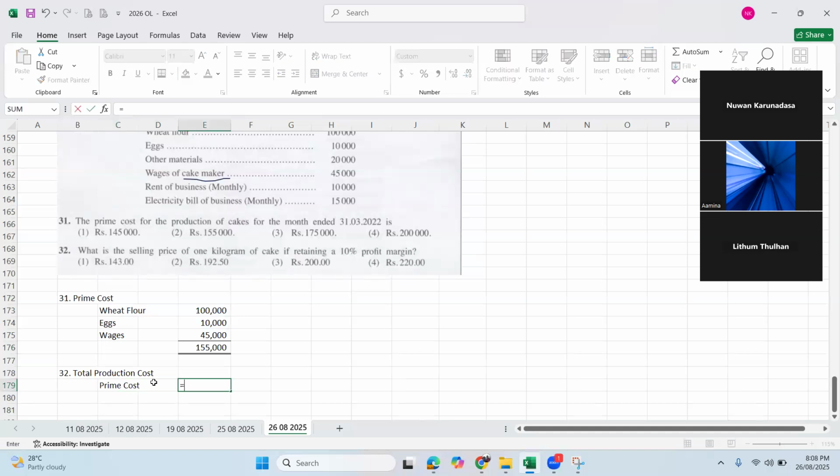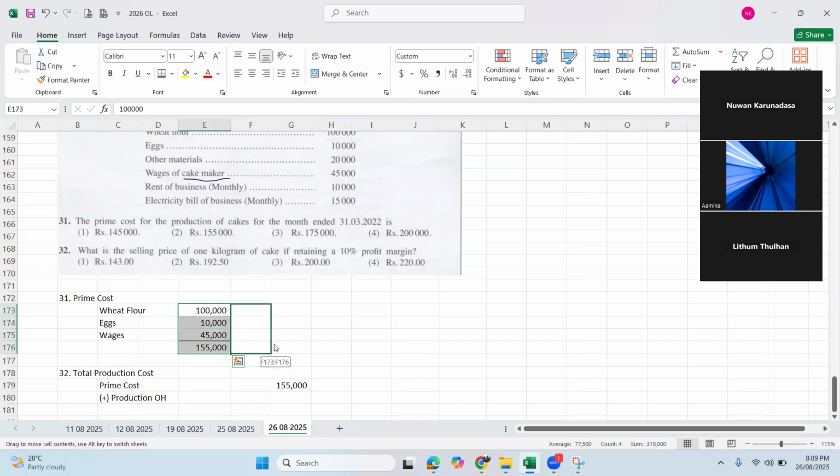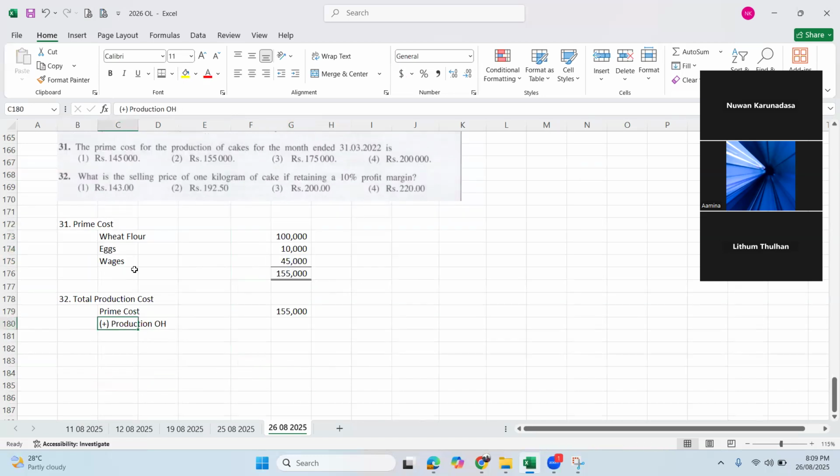We need to add the production overhead. What are the production overheads you are having here?